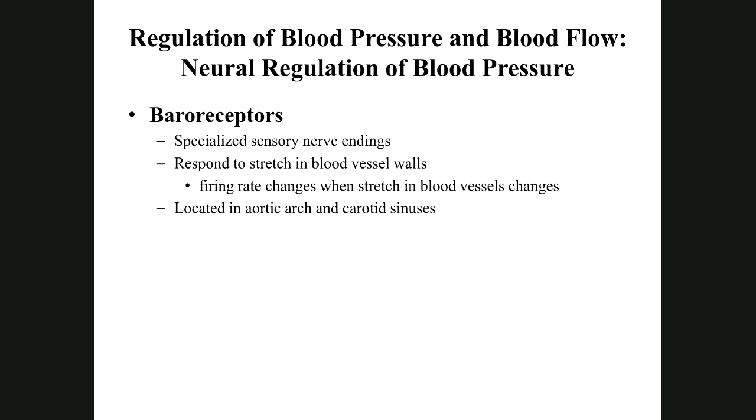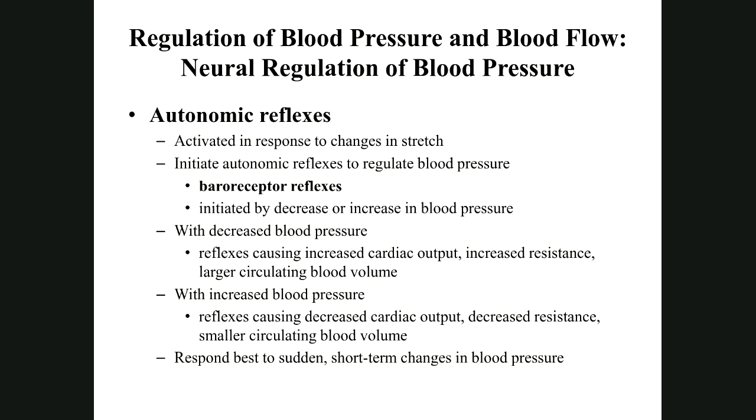Besides these guys, we can use pressure, baroreceptors. So we can detect the stretch in the vessel, and that stretch can help us to regulate the blood pressure. If we have too much stretch, we have too much pressure. So that means we may need to adjust the blood volume overall. Again, these are all reflexes. So don't forget, these are all reflexes. The baroreceptors are triggered by pressure changes.